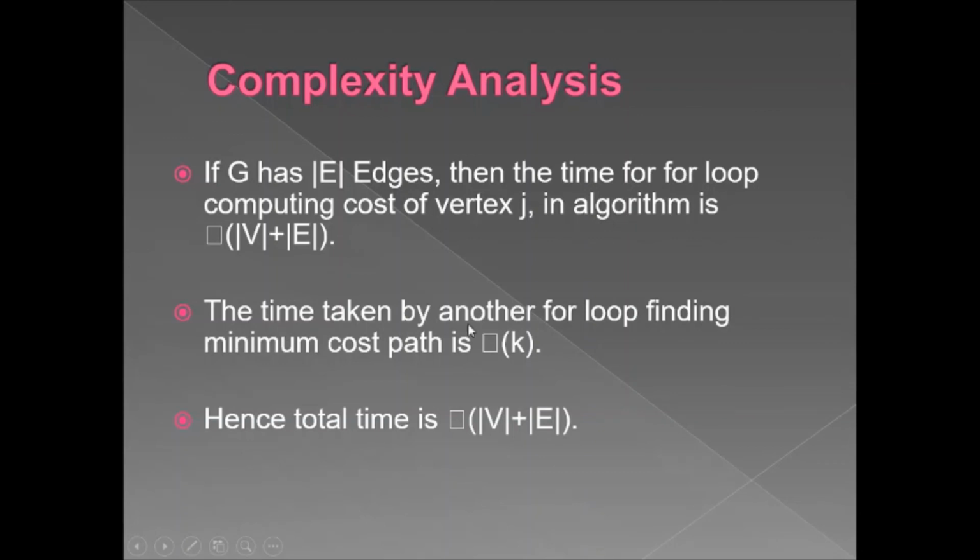Then the time taken by the other for loop, used to find the minimum cost path, will be theta of k. Hence the total time will be theta of V plus E, that is the total number of vertices plus the total number of edges. This is the complexity of the forward approach and the backward approach.